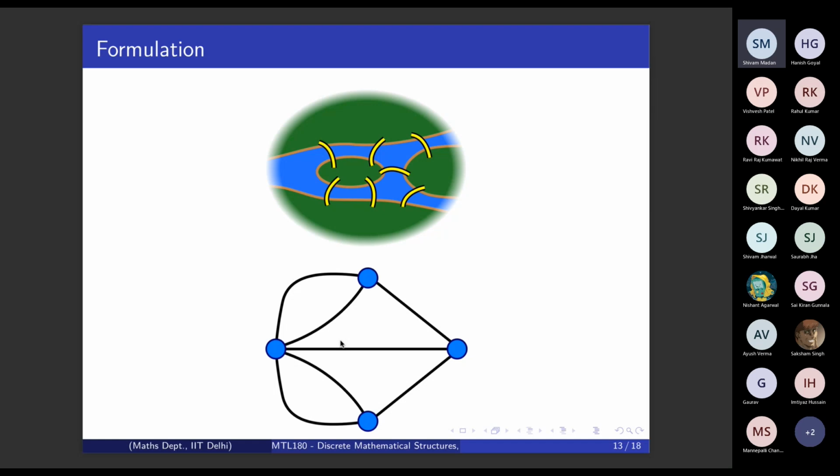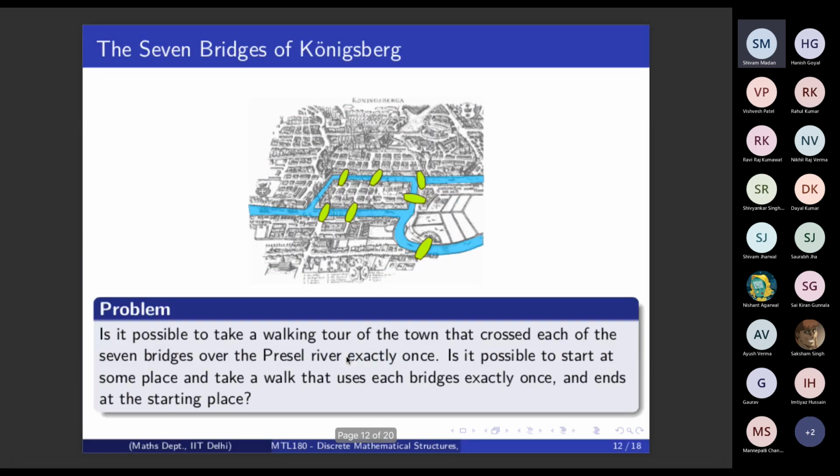So this one is the same as this graph, and the problem is asking whether you have an Eulerian trail or Eulerian circuit in this graph. The second part: is it possible to start at some place, take a walk, use each bridge exactly once and end at the starting place?